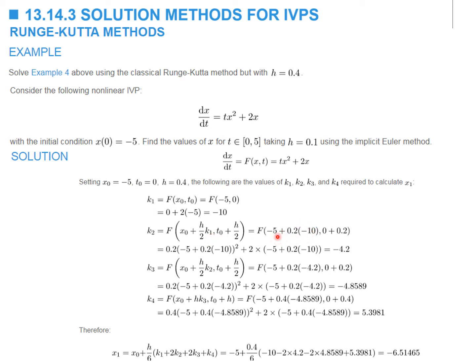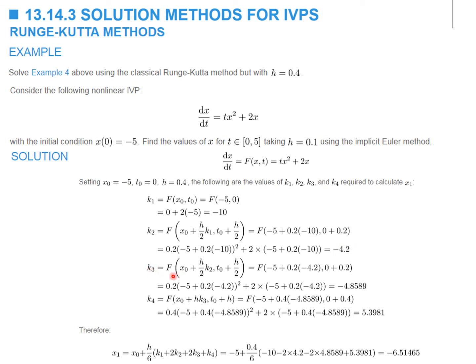So this gives us this value for x, and the time is equal to 0 plus 0.2, which gives me a value of t. Substituting this value of x and this value of t into the general equation gives me a slope k2 equal to negative 4.2.